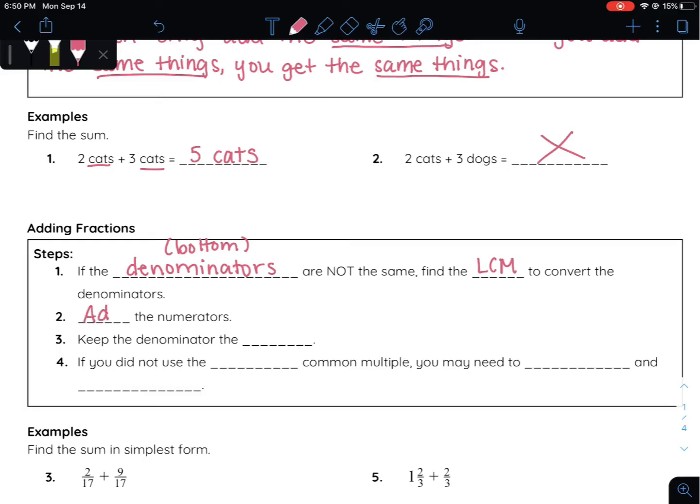And then you can go ahead and add the numerators, keep the denominators the same. If you didn't use the least common multiple, then you may need to factor, like we did in lesson 1, and simplify.